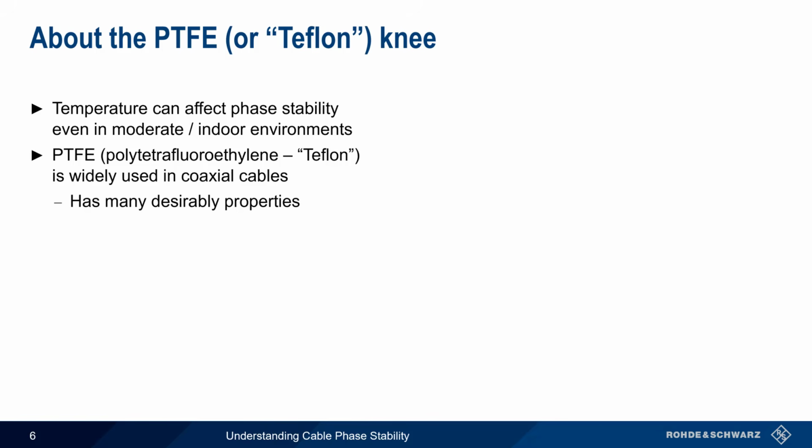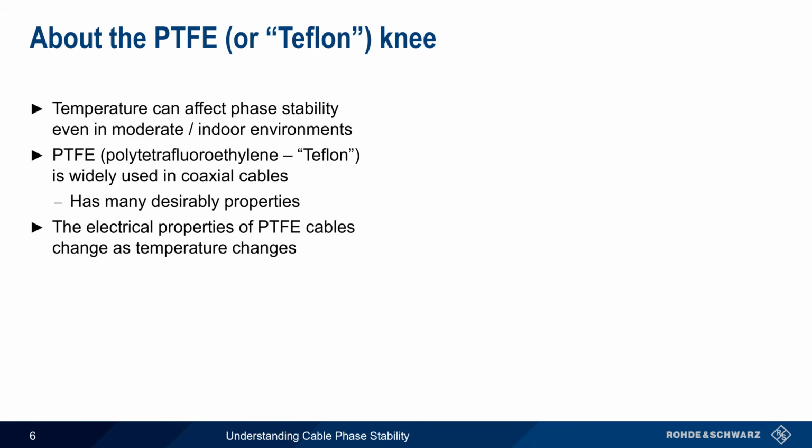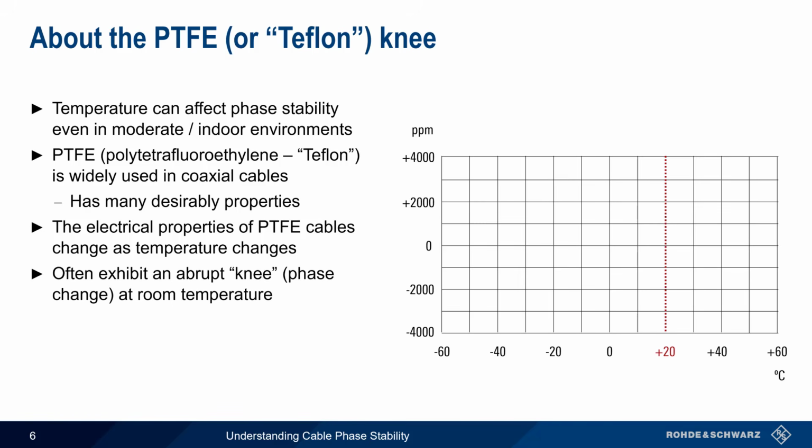And although a wide operating temperature range is one of those desirable properties, the electrical properties of PTFE cables do change as temperature changes. In particular, these types of cables exhibit an abrupt phase change, or knee, at room temperature, that is, at around 15 to 25 degrees Celsius, or about 60 to 80 degrees Fahrenheit.